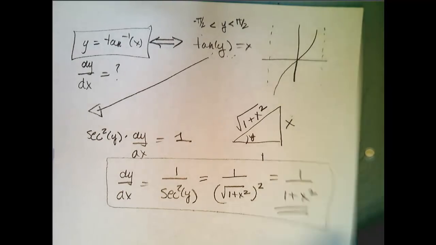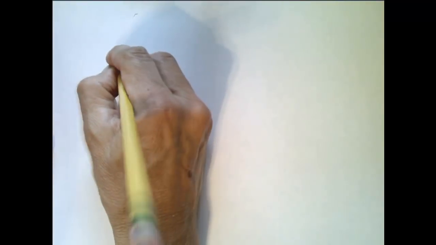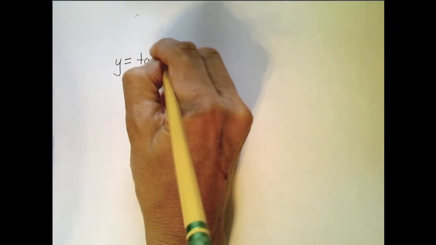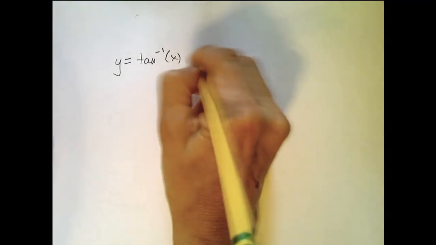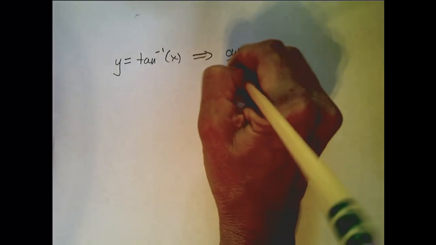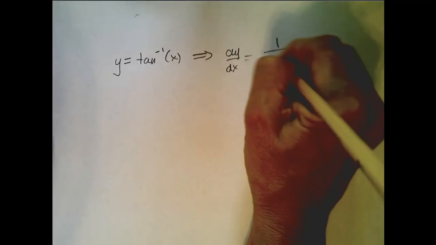So let's summarize them on one page for all future use. If y equals tangent inverse of x, then dy/dx is 1 over 1 plus x squared.